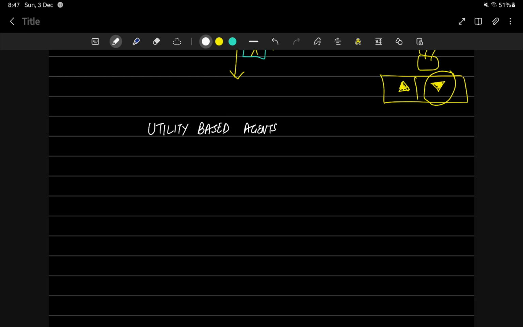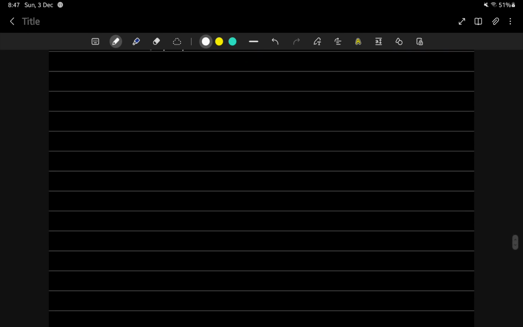So they basically assign utility values to states and outcomes, and they try to maximize that overall utility value, which basically means if you have a goal G, and you are in start state S, you do not want to just complete the goal, right?